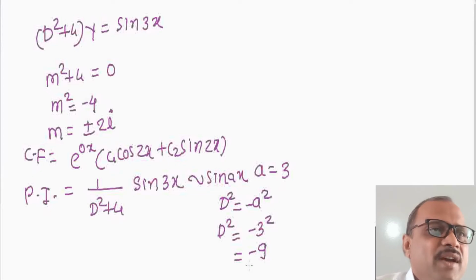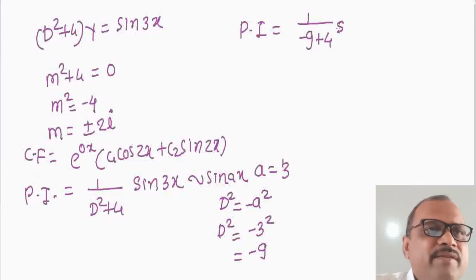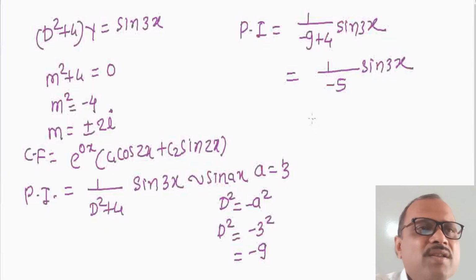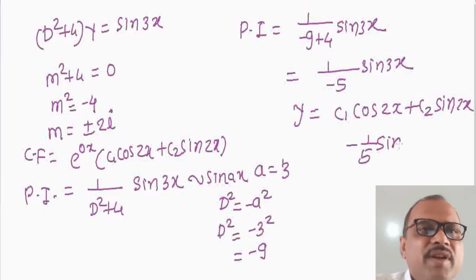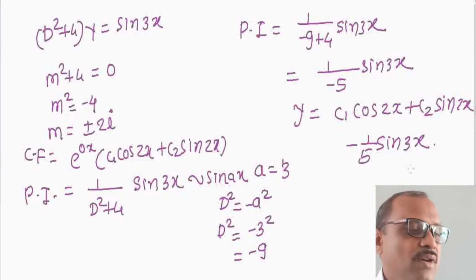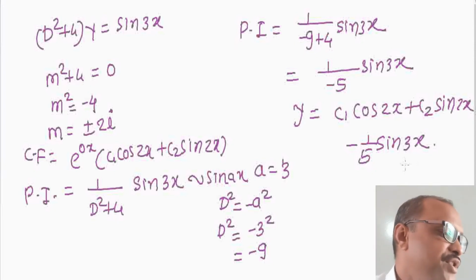Therefore the particular integral equals 1 divided by minus 9 plus 4 into sine of 3x, equal to 1 divided by minus 5 into sine of 3x. So the complete solution is y equals c1 cos of 2x plus c2 sine of 2x minus 1 divided by 5 into sine of 3x. This is the solution of this differential equation.